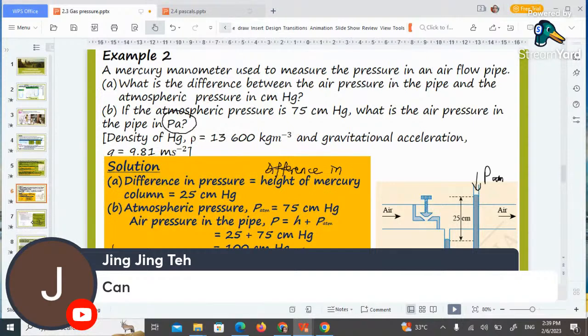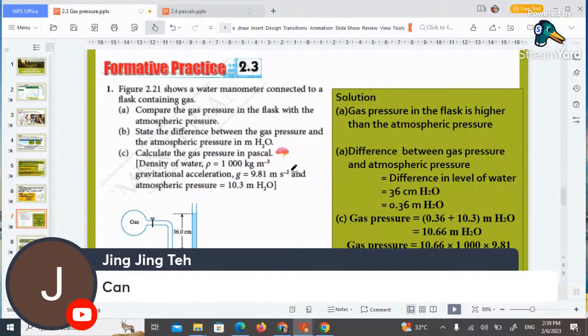Write in chat. Okay, formative practice 2.3. I want you all to try to answer. Okay, I can discuss it now, so then you can write in your exercise books. Formative practice 2.3, figure 2.21 shows a water manometer connected to a flask containing gas.